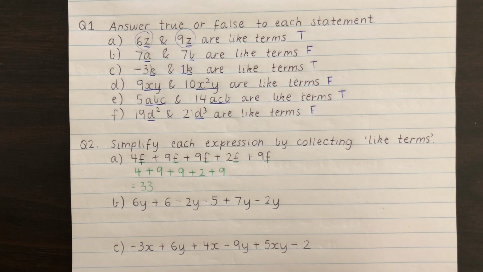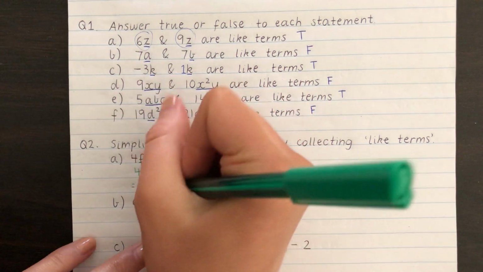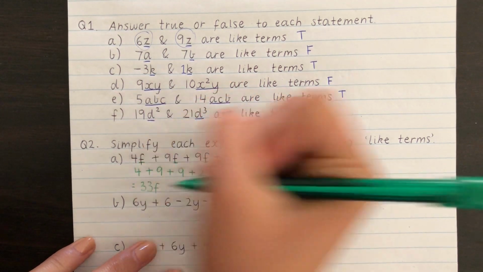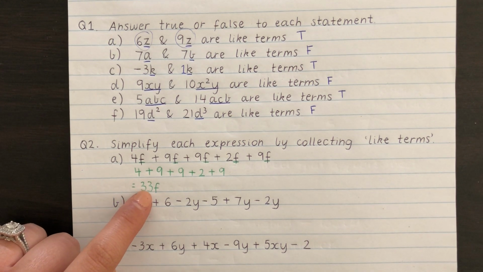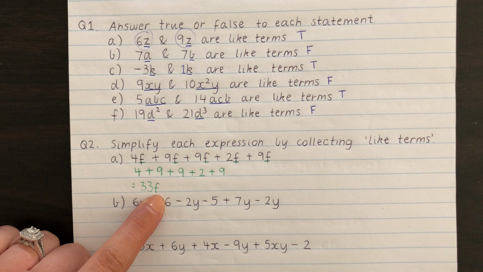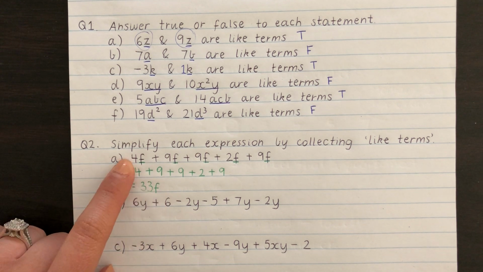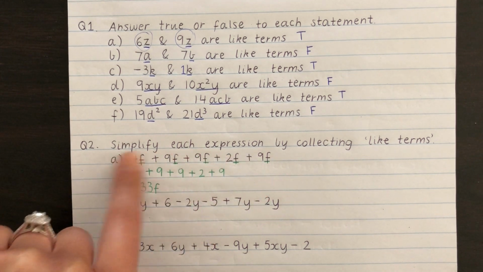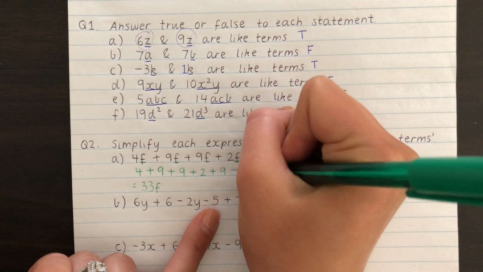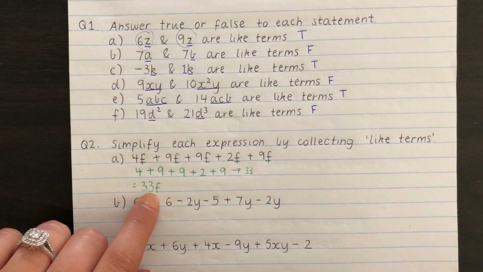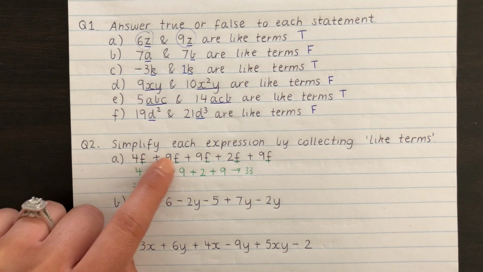Okay, so all the numbers added together are 33, but you need to put an F at the end. So the answer is 33F, okay? So you take all the numbers, because these are all like terms, add them all up to get 33. So your answer will be 33 with the F on the end, because they all have Fs.